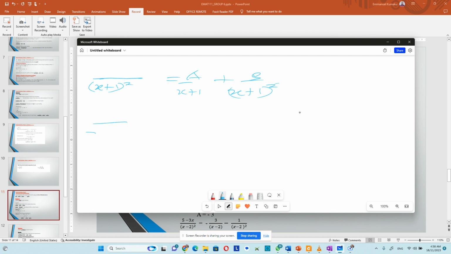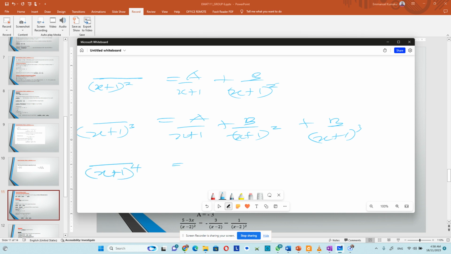If the denominator is (x + 1)^3, I am going to have A over (x + 1), plus B over (x + 1)^2, plus C over (x + 1)^3.